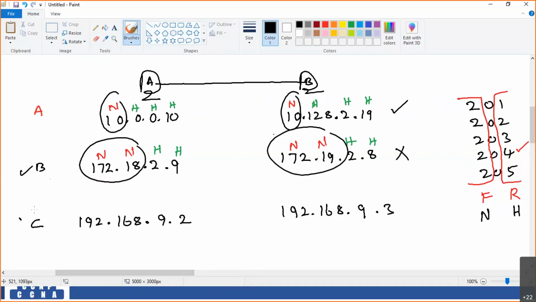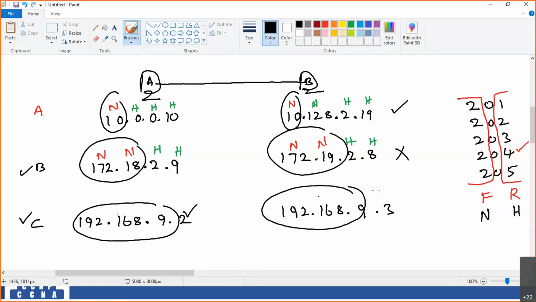If your company is using class B addresses, the first two octets should be the same for all devices, then they can communicate. If your company is using class C addresses, the first three octets should be the same for all devices, and the fourth octet should be a unique number. Keep these logics in mind, guys.